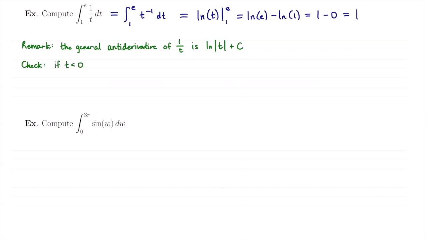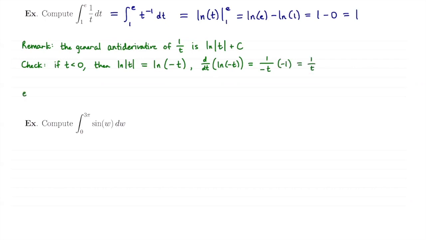If t is less than 0, then the natural log of the absolute value of t is like saying take the natural log of the positive form of t. In other words, take t and make it positive. So for a negative value, that's like multiply it by -1. Then d/dt of natural log of negative t would be 1 over negative t times -1 by the chain rule. So that's 1 over t.